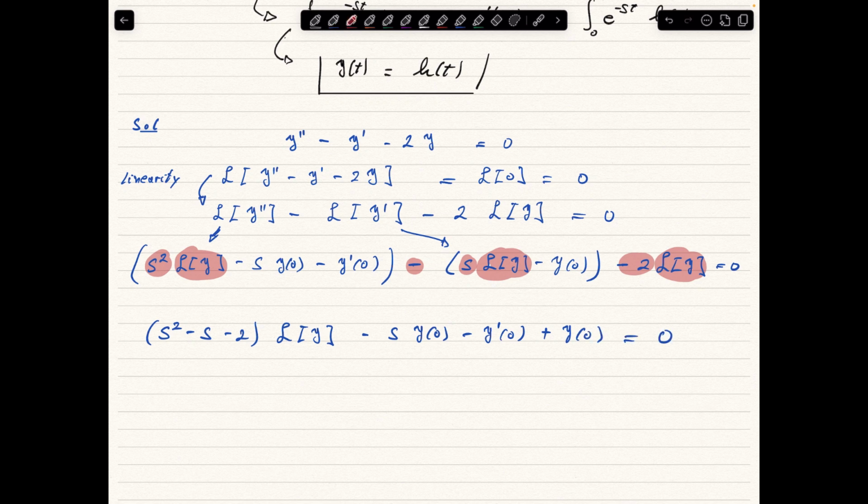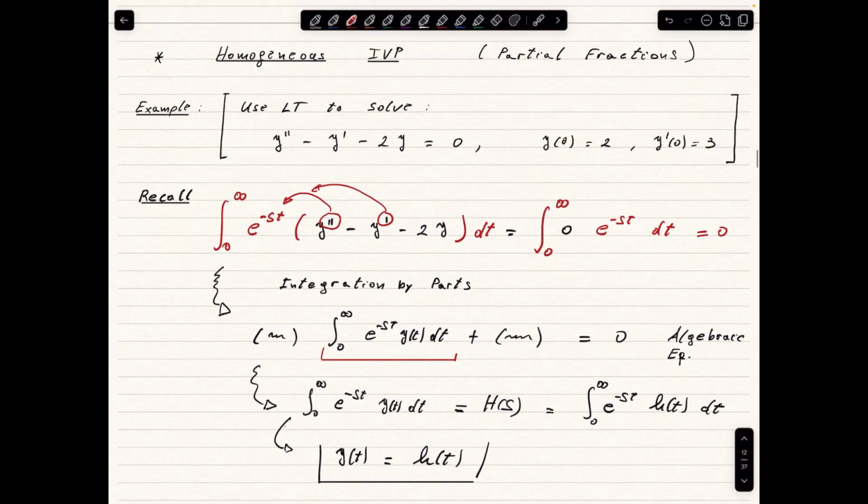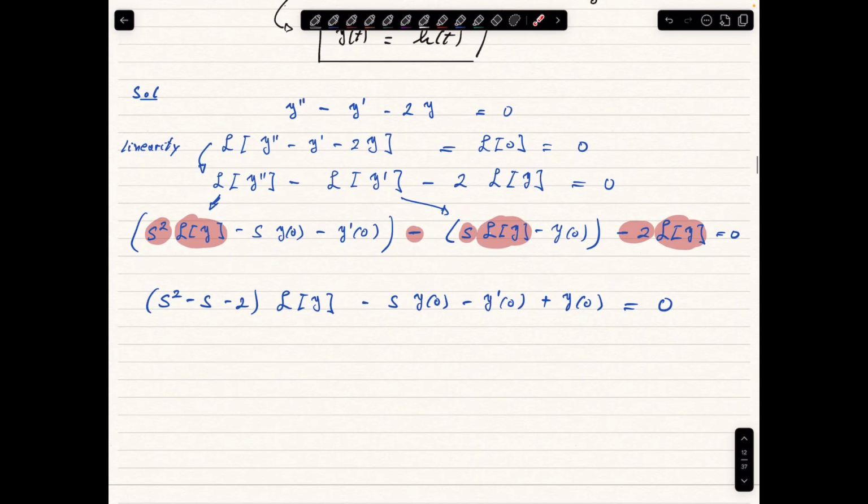Now we use the initial conditions. The initial conditions are: the function is equal to 2 and the derivative is 3 at the initial time. So this number here is actually 2, this number here is again 2, and this number here is 3.